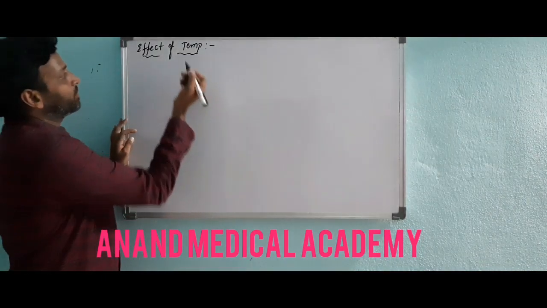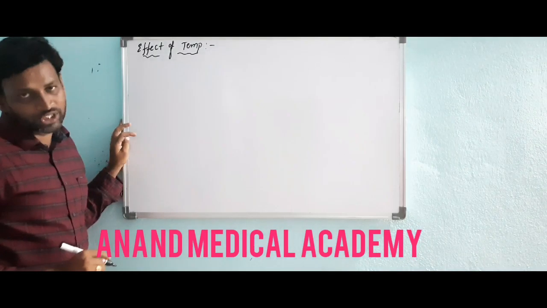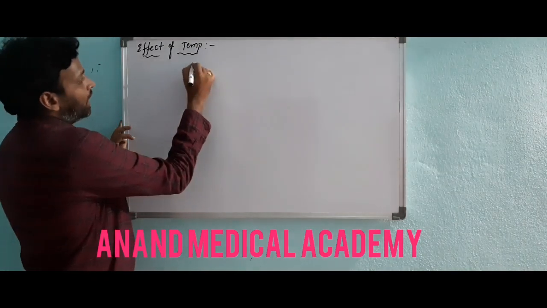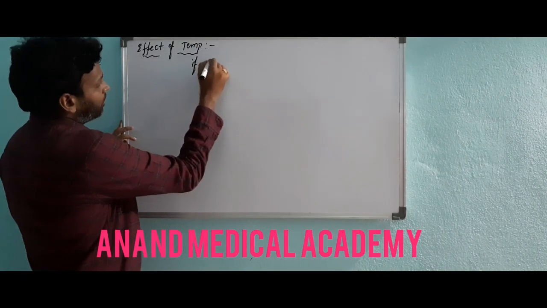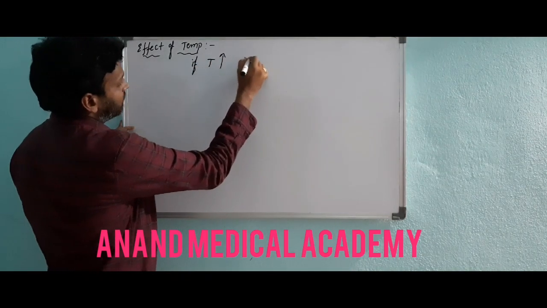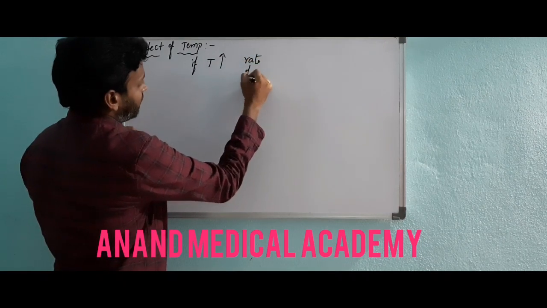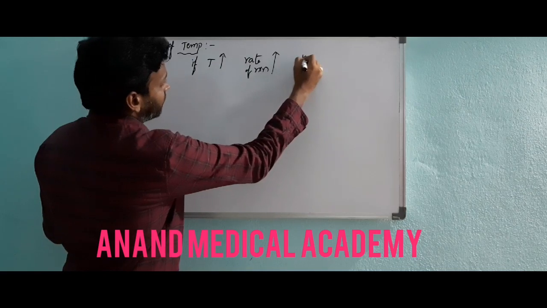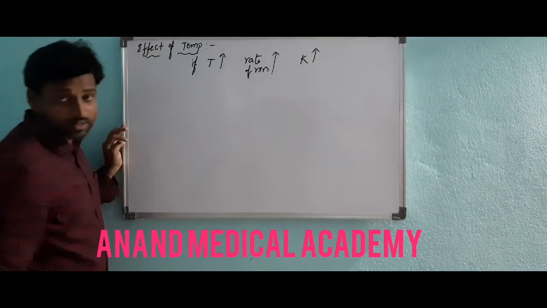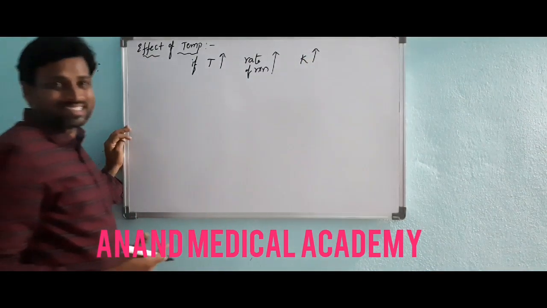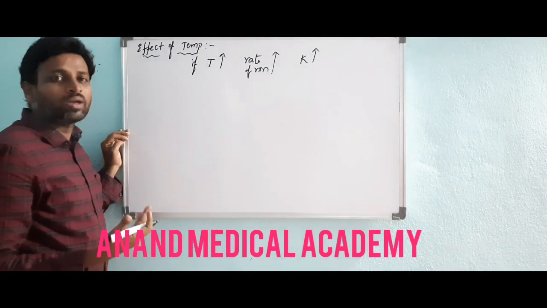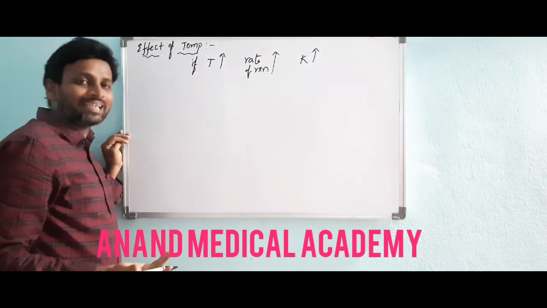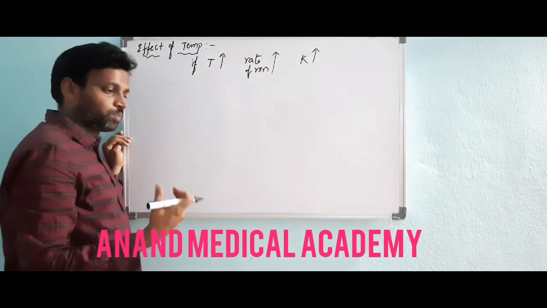Now let's see the effect of temperature on the rate of reaction. Actually, if temperature increases, the rate of reaction increases, so the specific rate constant also increases. If temperature increases, molecular velocities increase, and certainly kinetic energy increases, so the speed increases.